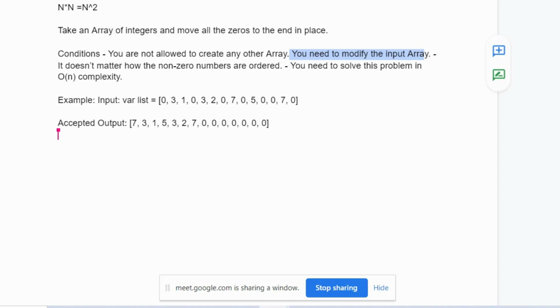I got the question. We do not use another array, and we have to put all the zeros at the end. Should I start? Yeah, sure. Just to be clear, you read the conditions carefully, right? You are not allowed to create any other array. Yeah, got it. Okay, cool.